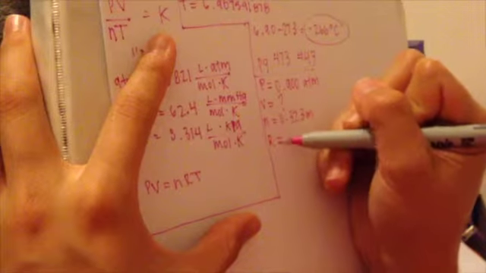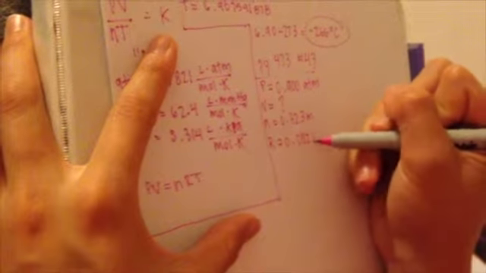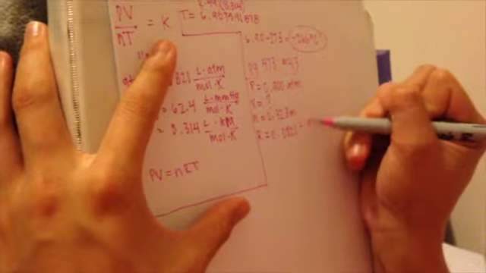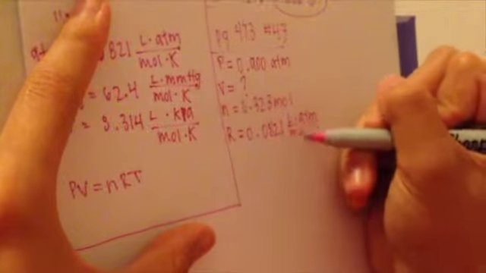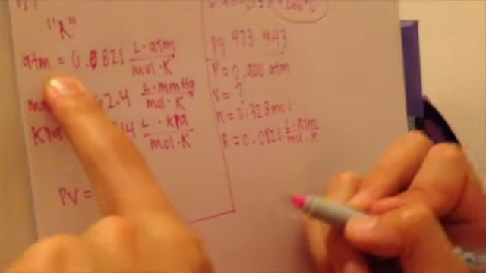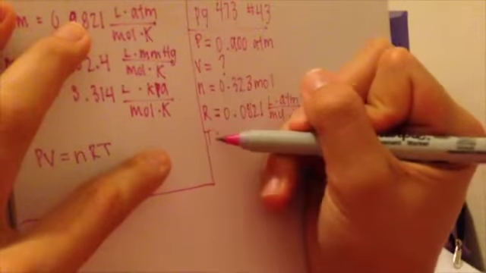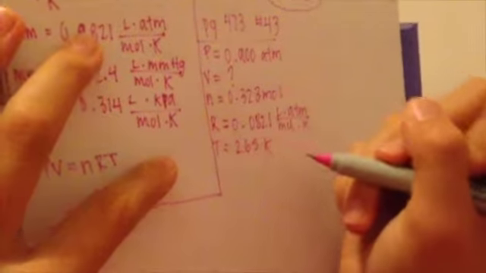R is equal to 0.0821 liters times atm over moles times K. We got this from right here because the pressure is in atm, so the ideal gas constant will be in atm. And our temperature is nicely already given in Kelvin, and it's 265 Kelvin.